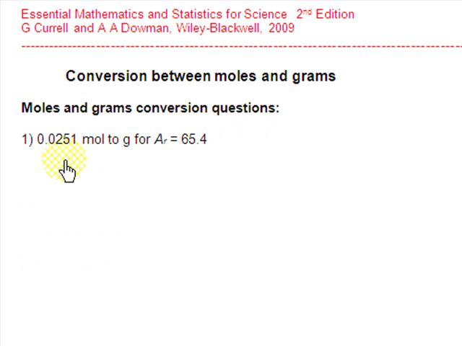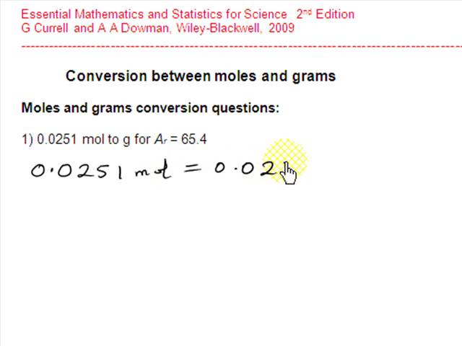In the first question, we have to convert moles to grams for an element with a relative atomic mass of 65.4. So we can write, first of all, that 0.0251 moles is actually equal to 0.0251 times 1 mole.